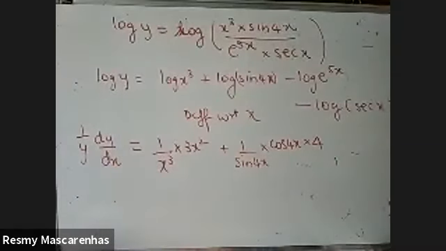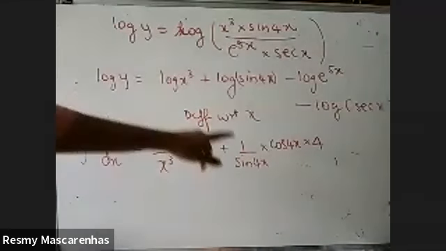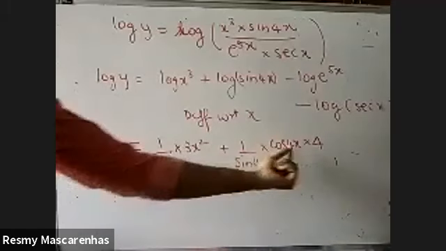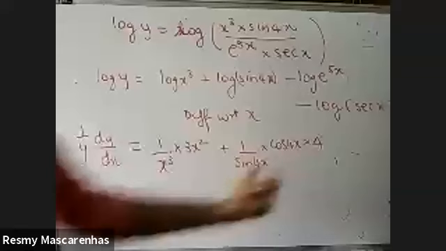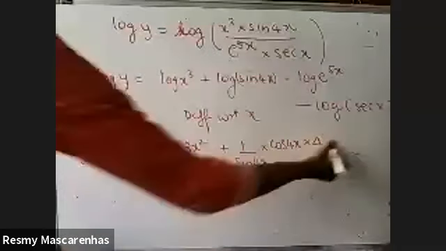I'm solving this composite function way. Log of bracket will be 1 upon that. Then take derivative of this cos. Then derivative of inside the bracket. That will be derivative of 4x will be 4.